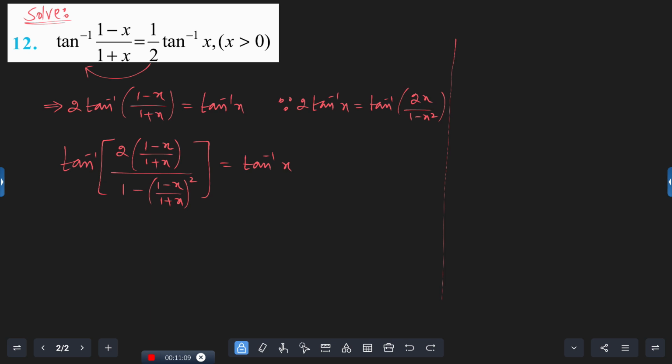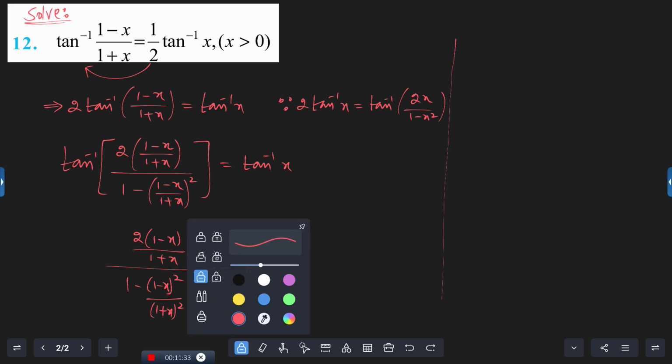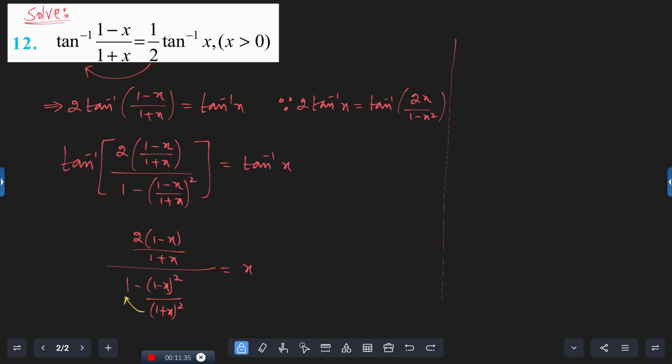Then what do I have remaining? 2 times (1 minus x) divided by (1 plus x), divided by 1 minus the square. When you apply the square, you get (1 minus x) whole square divided by (1 plus x) whole square, equal to x, since after tan inverse is cancelled only x is pending. Very important: you take cross multiply.